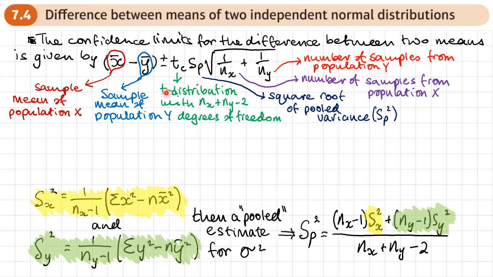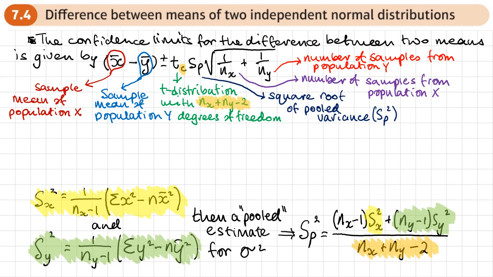Now this is the t distribution with c degrees of freedom, and c we get from doing the number of samples in X plus the number of samples in Y minus 2. Now you'll notice that's the same as this value here, so if I highlight that you can see that these two values are the same.